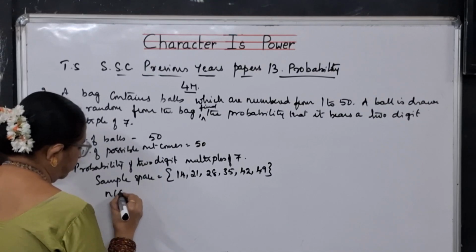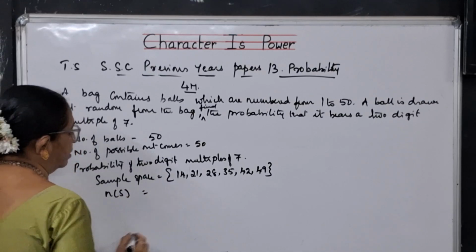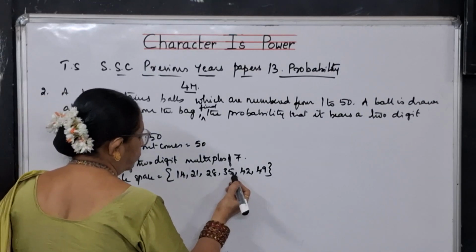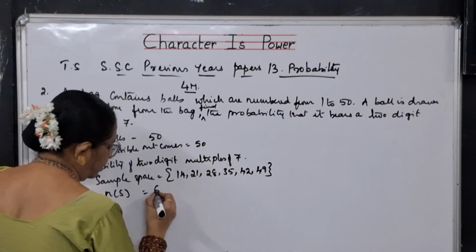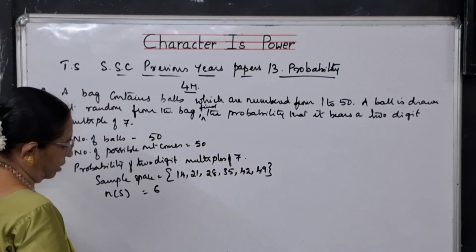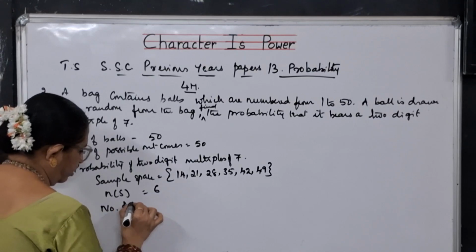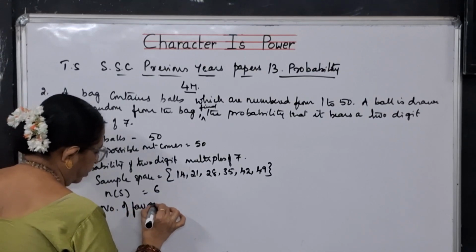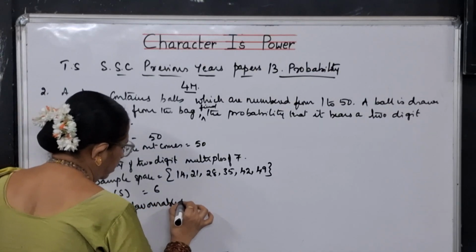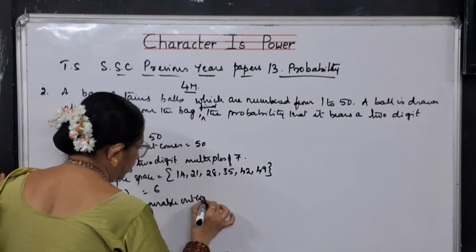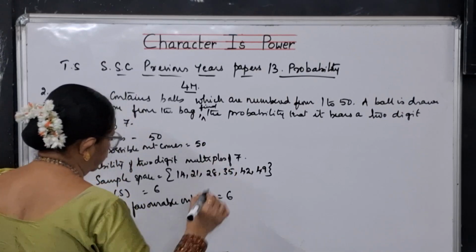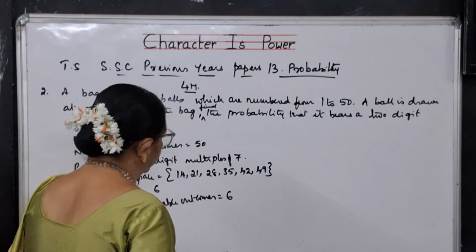So what is the number of elements in this set S? 1, 2, 3, 4, 5, 6 are there. So these are all 6. This means the number of favorable outcomes is 6. So what do you want?